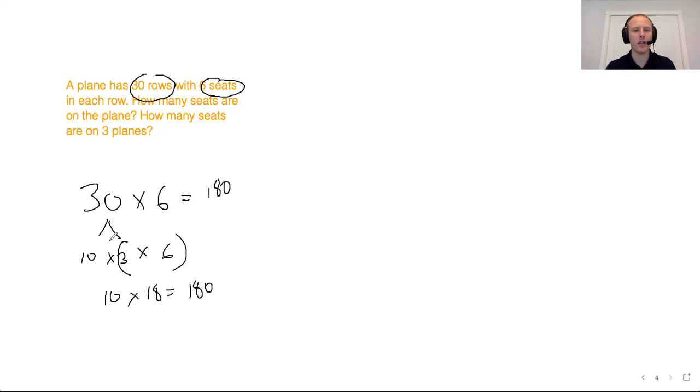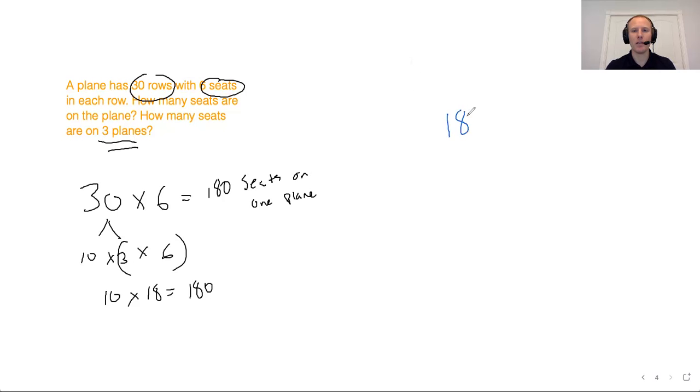And again, the reason I figured that out is because I shifted my parentheses off the 3 times the 10 and onto the 3 times the 6. Because again, when you're multiplying, you can do it in any order. So now I have 180 seats on one plane, but I need to know how many seats are on 3 planes.